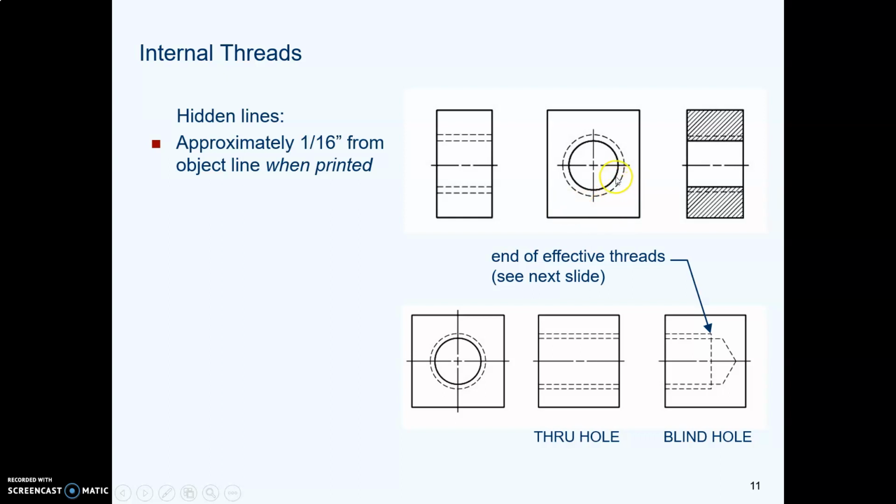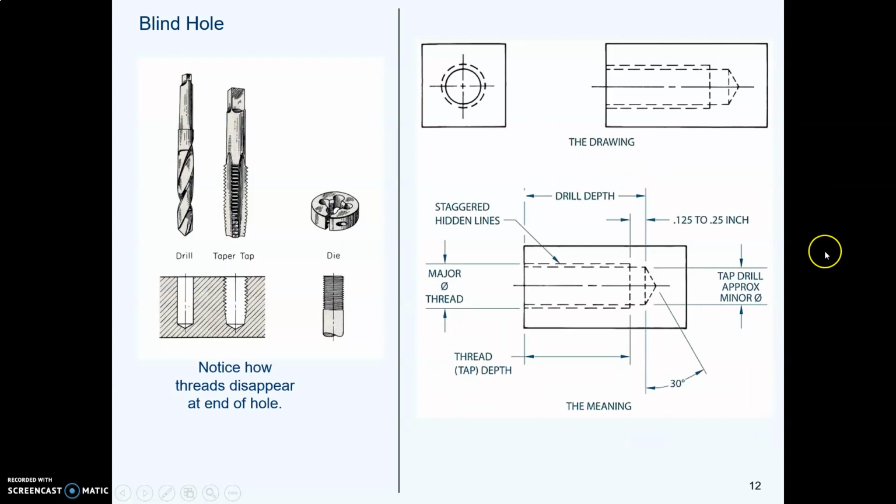Here is what an internal thread looks like. And if you're not threading all the way through the part, this is called a blind hole, where you go only part way through. Here is the standard way of representing those threads.